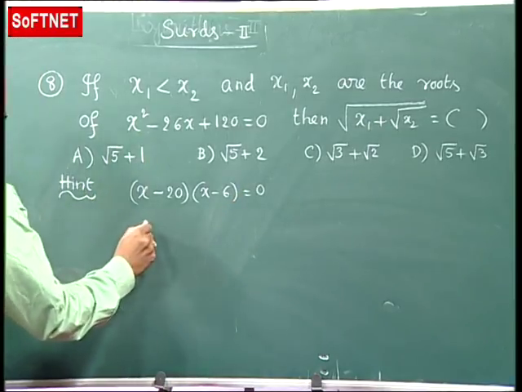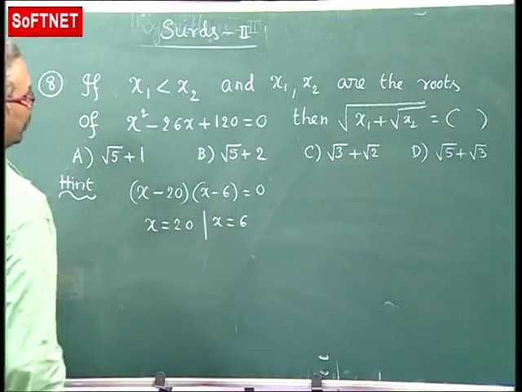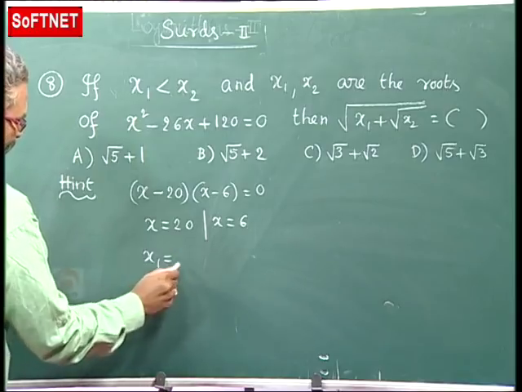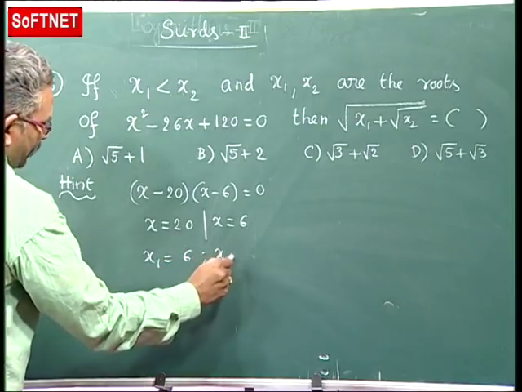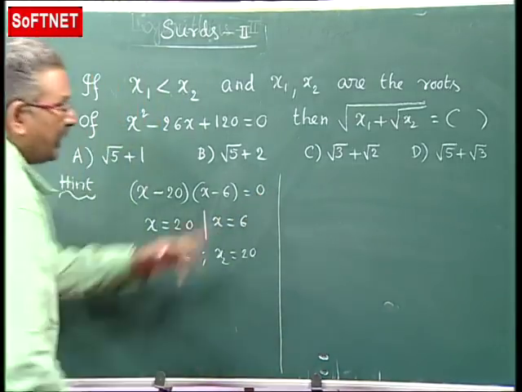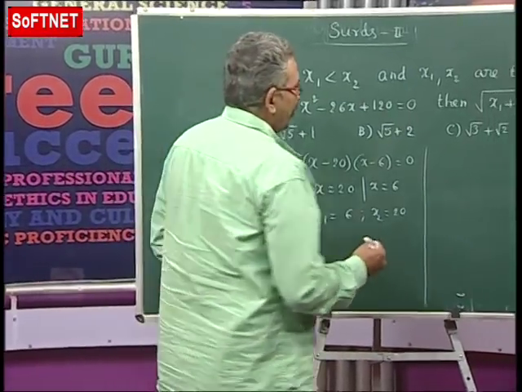So that means x is equal to 20 and x is equal to 6. Here x1 will be 6 and x2 will be 20. Now our aim is to find out the square root of x1 plus root of x2.